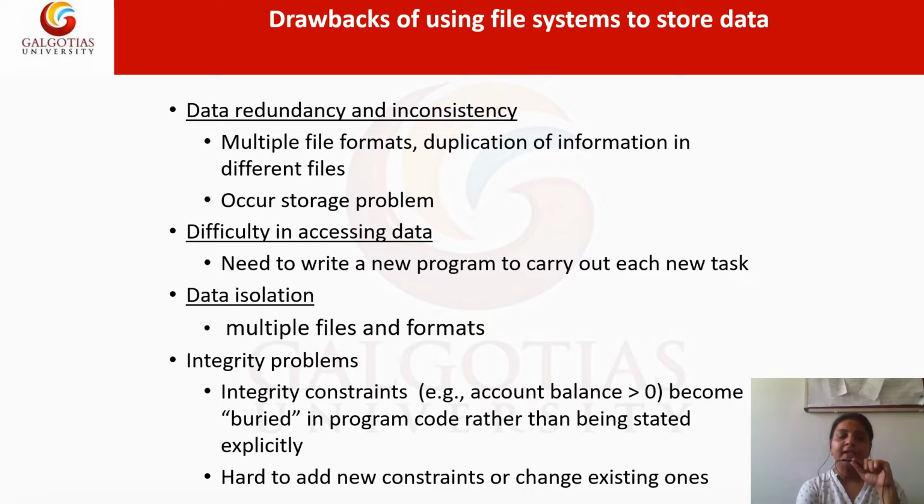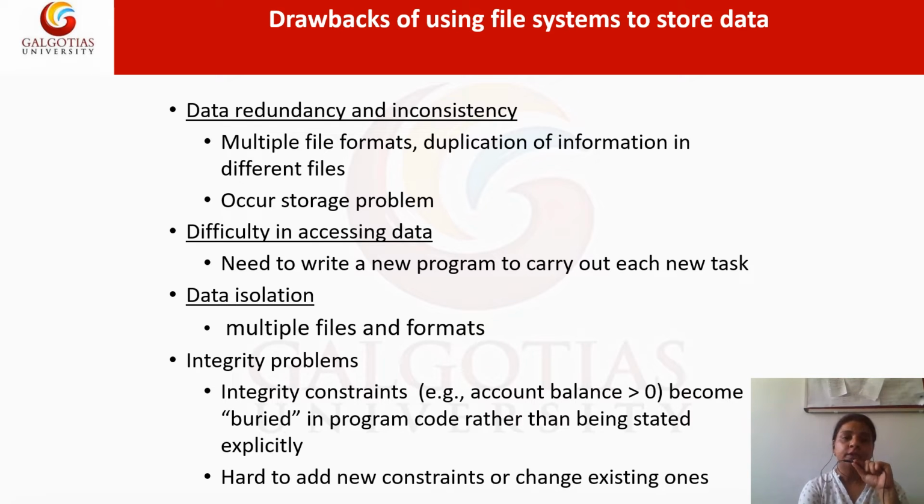The file system basically has a duplicity problem. Duplication is when your data is redundant. It is stored in many files and formats and different places. For understanding this redundancy and inconsistency of the file system, you just need to understand one example.